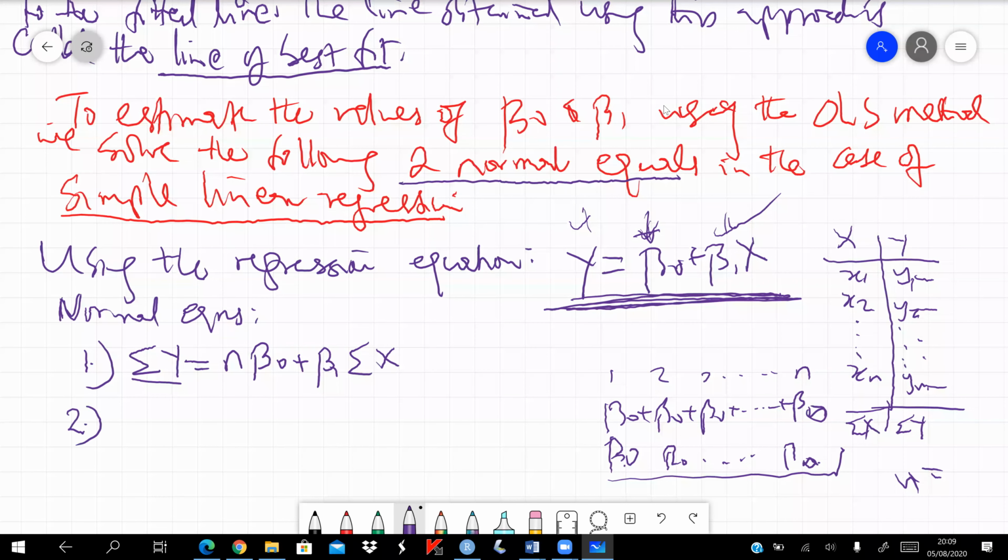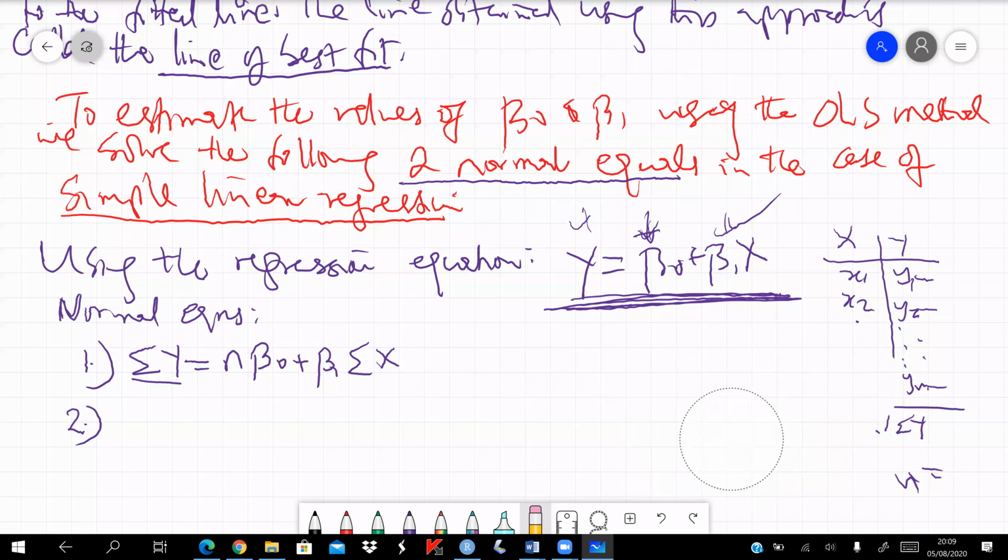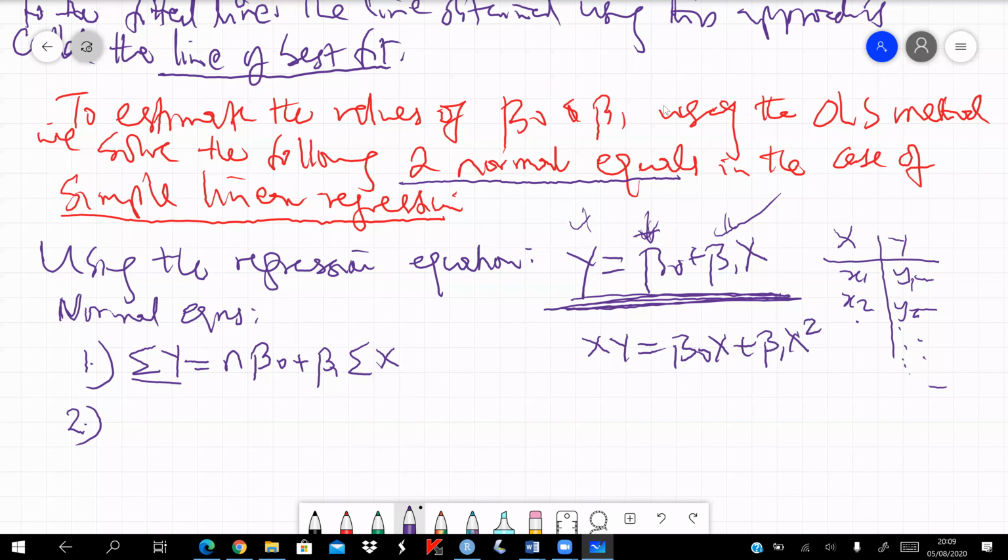Now for the second normal equation, you go back to the regression equation. Take your independent variable, which is x, and multiply every term by it. So you end up with xy is equal to beta naught x plus beta 1 x squared. Then you sum every term.